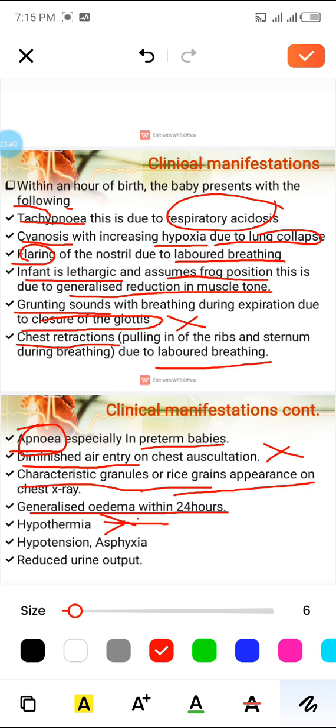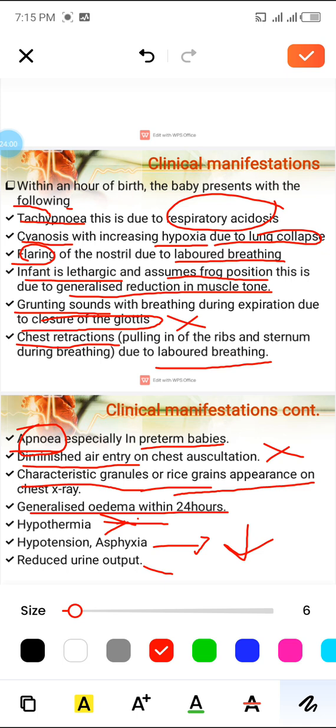Then hypotension and asphyxia will come in because there is a reduction in oxygen and a rise in carbon dioxide. Then there will be a reduction in urine output. This rationale is given because the child is not even able to drink.